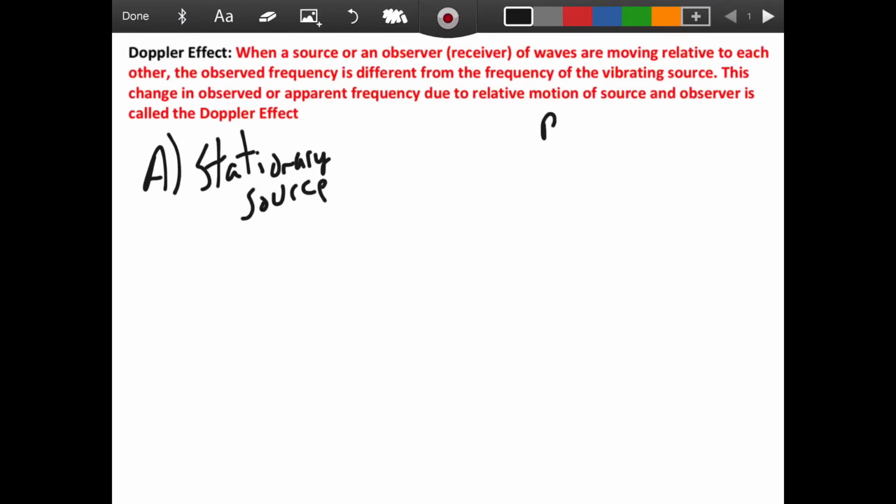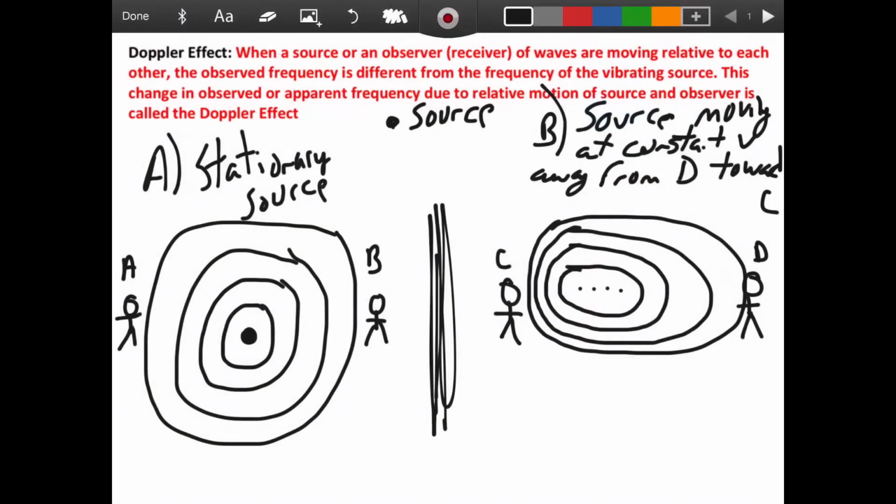And on the right, I'm going to draw a source moving at a constant velocity away from one observer and toward another. I'm going to pause the video to make these drawings and then talk you through it. Okay, and here are my two drawings. Feel free to pause the video if you need to copy these down.